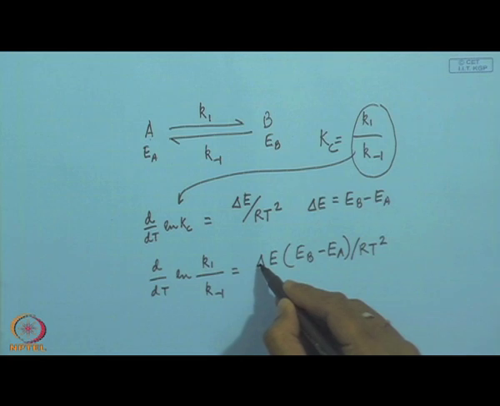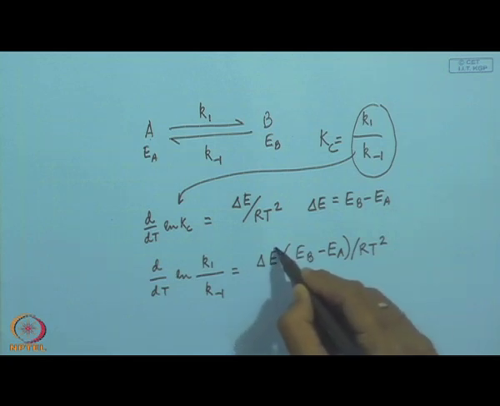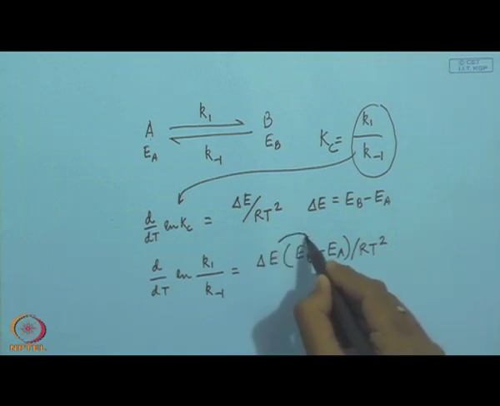Either you can write delta E or EB minus EA in this way. I am just writing this together, this one is nothing but this one.